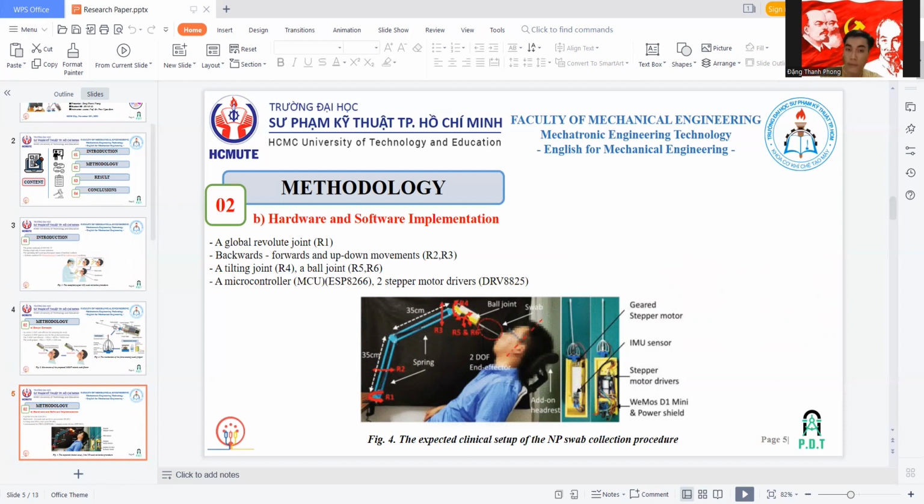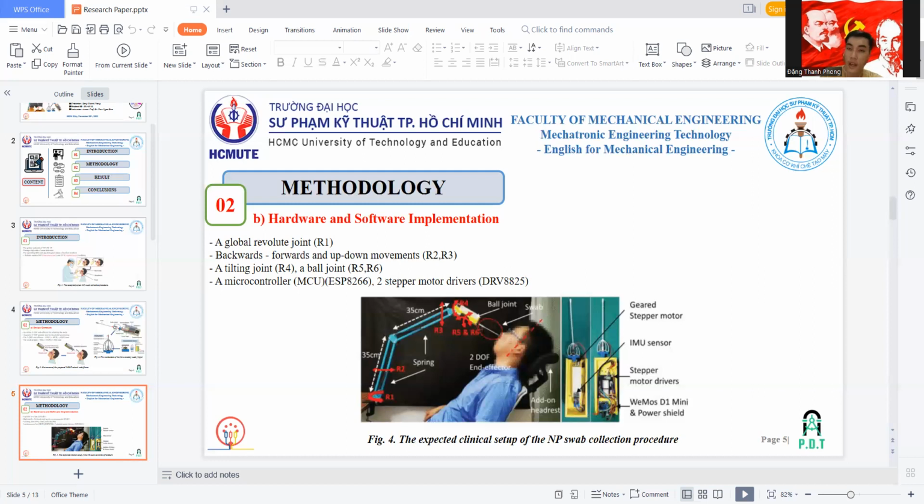The base arm has a global revolution joint to adjust backward, forward, and up-down movement, and a tilt joint working together with a pan joint to find the standard angulation of the end effector, the insertion angle of the swab.